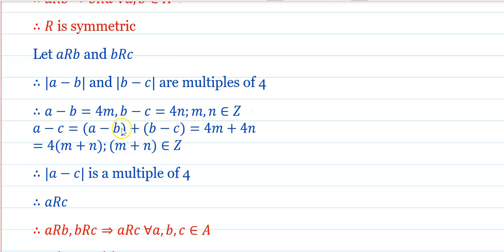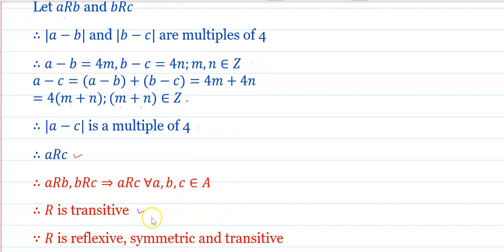We can write it like this, that is adding plus b and minus b. a minus b is 4m, b minus c we take as 4n, and taking 4 as common, a minus c is equal to 4 times (m plus n), where m plus n belongs to Z. And hence a minus c is a multiple of 4, and hence we have aRc. We started from aRb and bRc and we get aRc. Therefore, aRb and bRc implies aRc for every a, b, c belongs to capital A. Therefore, R is transitive.